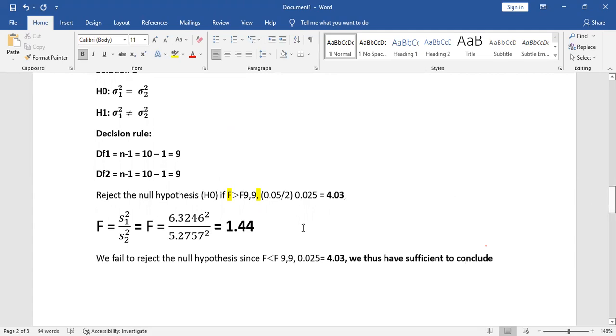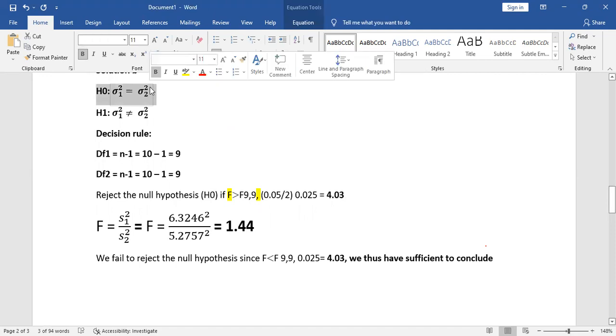So what are we concluding? Are we rejecting the null hypothesis, the H0? No, we are accepting it. What is the H0 saying? It is saying variance 1 is equal to variance 2. So we've accepted that statement. When making a conclusion, we conclude that variance 1 is equal to variance 2.